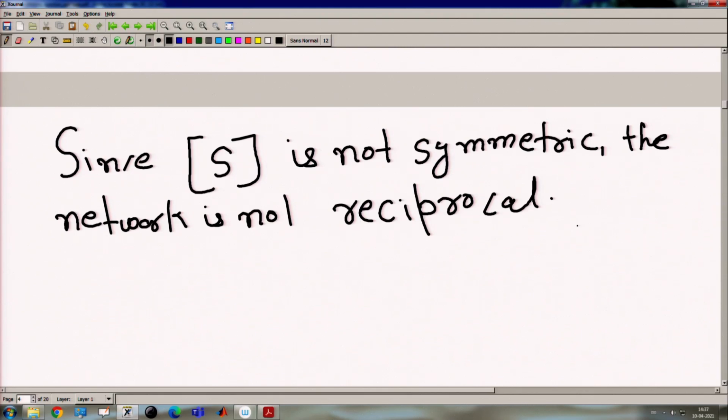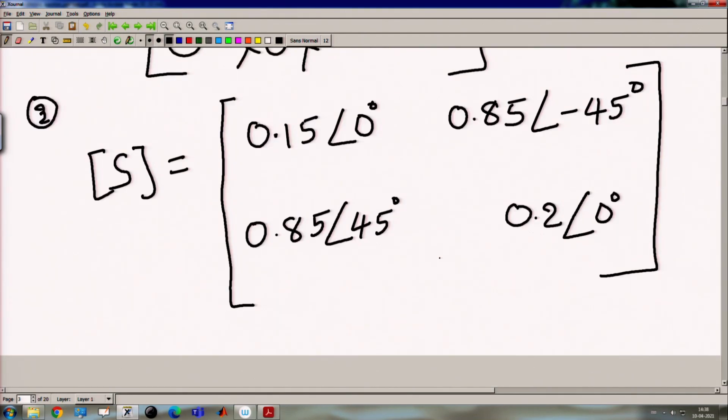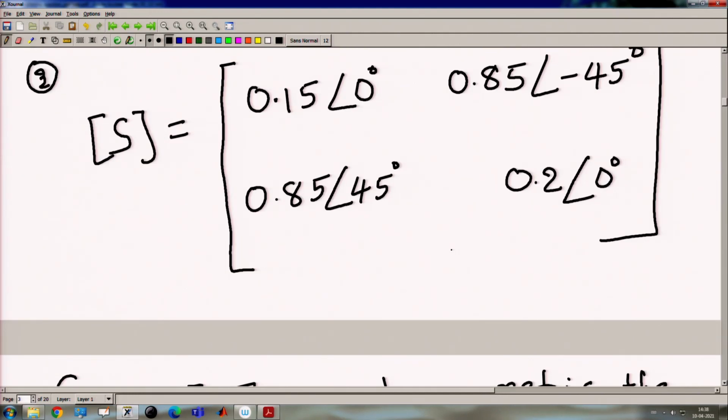To be lossless, for any two port the S parameter should satisfy the unitary condition. To satisfy the unitary condition we have to check that the magnitude of S11 squared plus the magnitude of S21 squared equals 1. Taking the mod, S11 is 0.15 and S21 is 0.85 at an angle of 45 degrees.